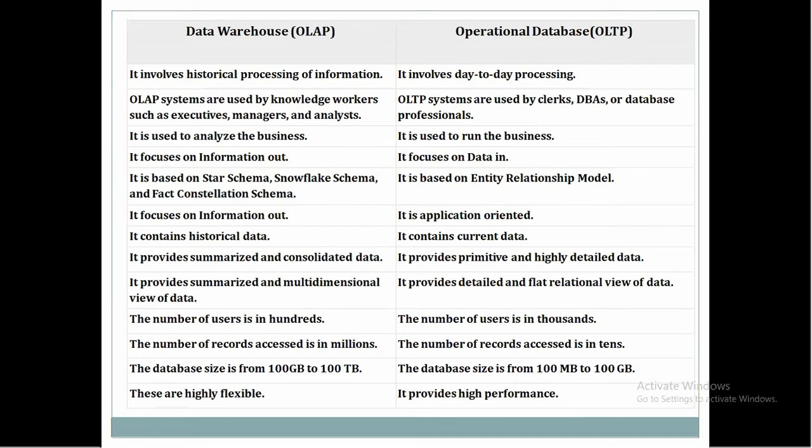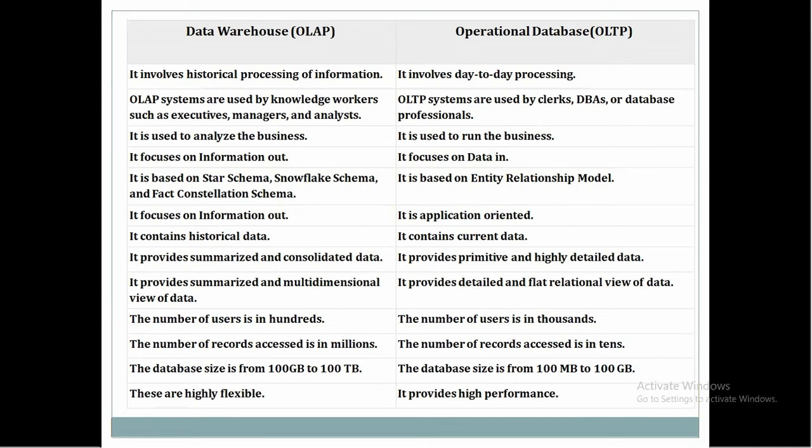OLAP is used to analyze the business and OLTP is used to run the business. OLAP systems are used by knowledge workers such as manager, analyst. OLTP systems are used by clerk, DBA, database administrator or database professionals.